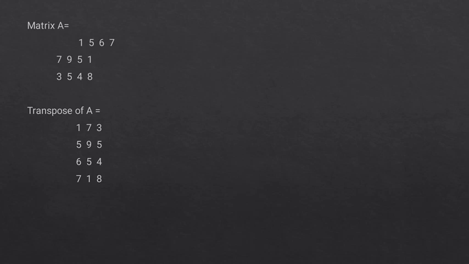So the transpose of the matrix is that the rows and columns are interchanged. The rows become the columns, and the columns become the rows. So here we have the matrix A, which is a 3 by 4 matrix. We have 3 rows and 4 columns. So when we find the transpose of this matrix, the 3 by 4 is reversed into 4 by 3.